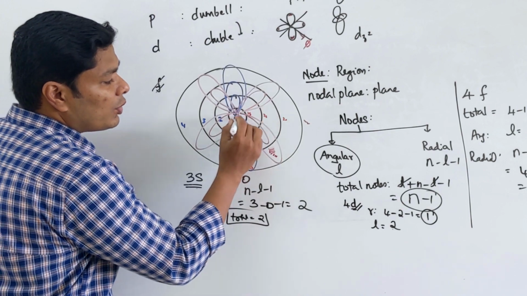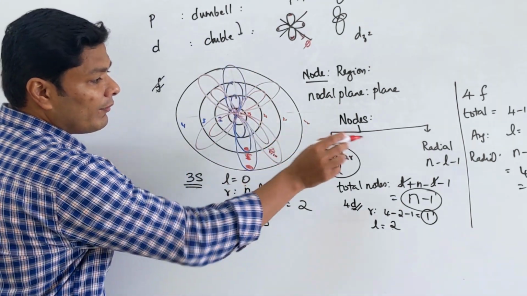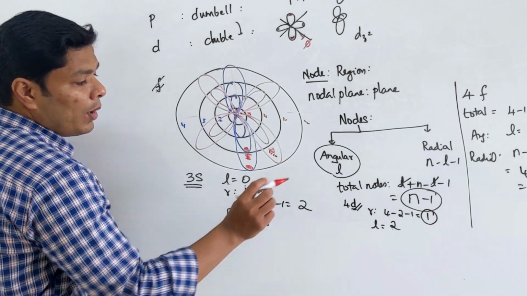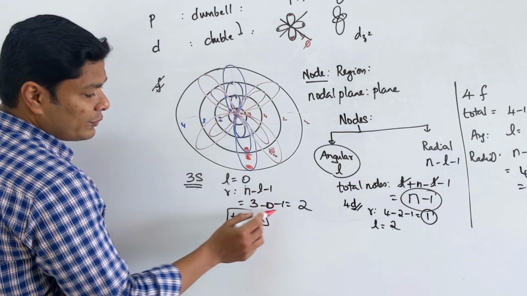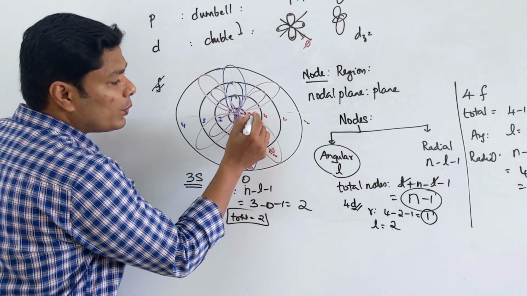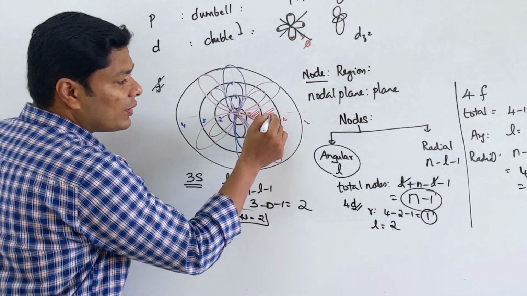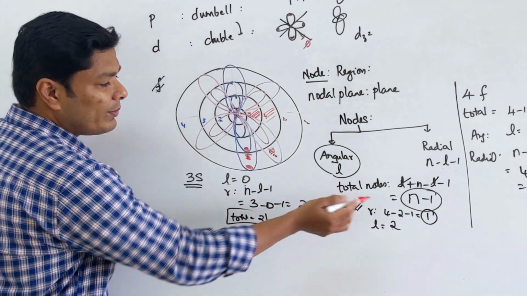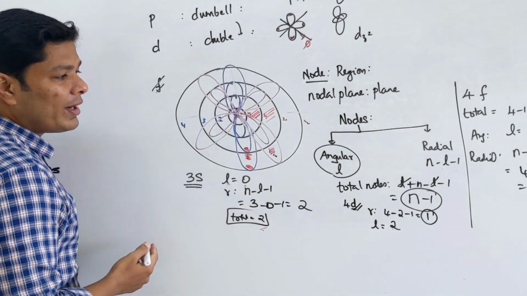It is extremely hard to find a nodal plane; I cannot have any. But when I go to radial, what do I have? N minus L minus 1, which is 2. So between 1s and 2s, there is one radial node. Between 2s and 3s, one radial node. So hence 2. Similarly, for d and p it is harder to see, but it gives you a fair enough idea.